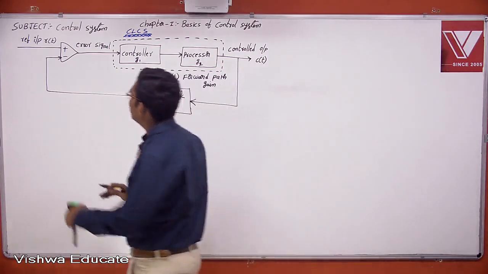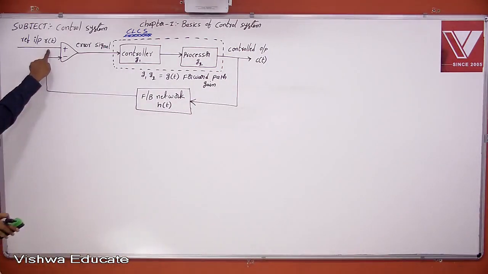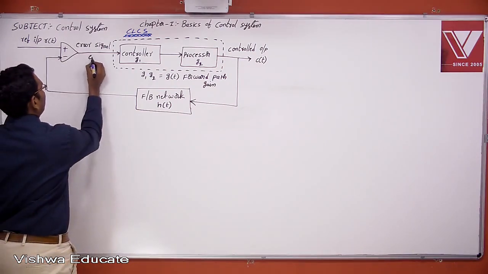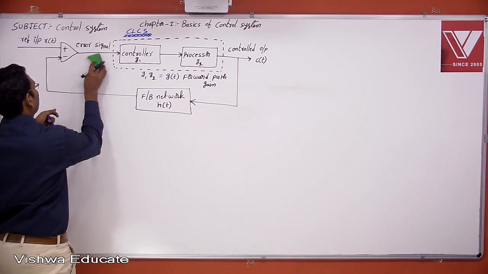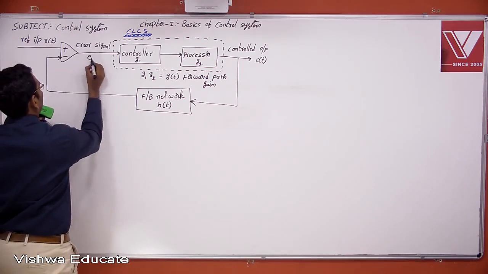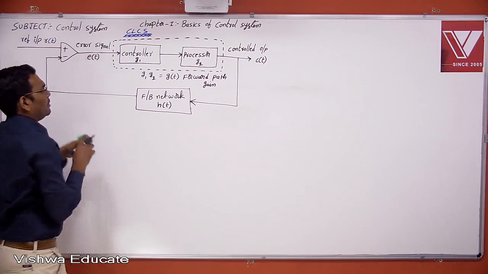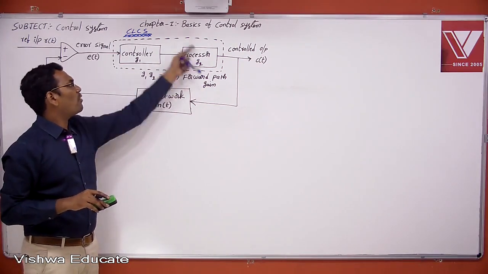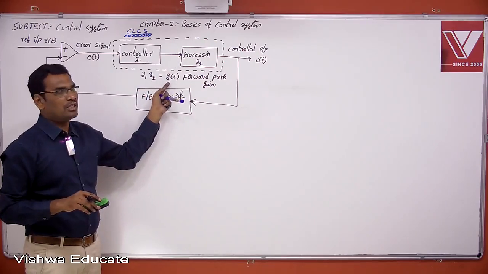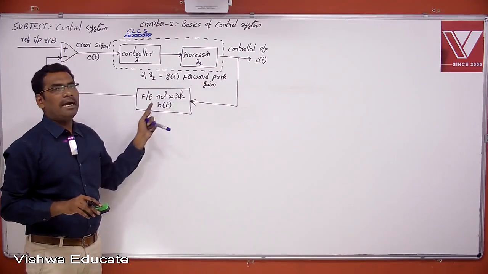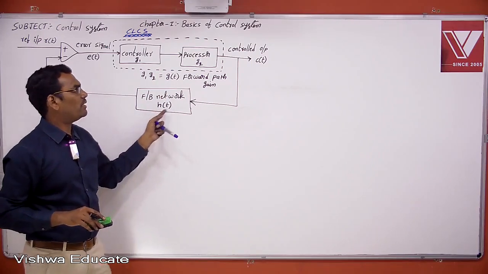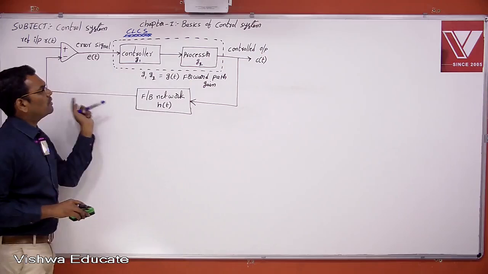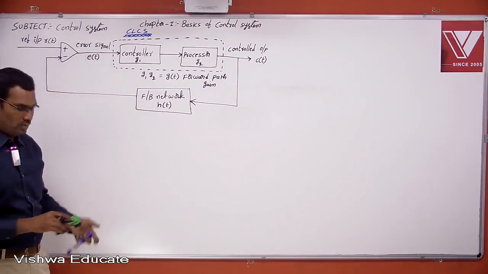Reference input is r of t, error signal is e of t, controller gain is g1, processor gain is g2, overall gain is g1 g2, which is g of t, the forward path gain, feedback network gain is h of t, and controlled output is c of t.